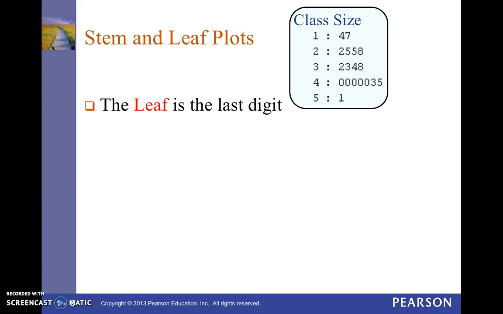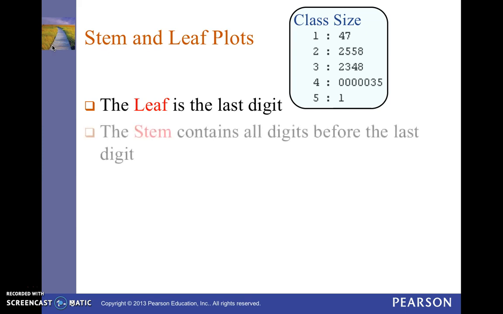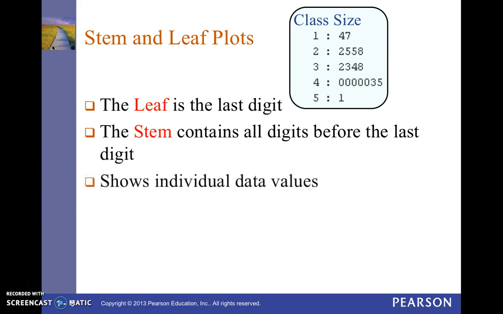So the leaf is the last digit in that number. The stem contains all the digits before the last digit. And so once again, we're getting actually richer data here because it's showing each of the individual data values. It's sort of the same as a histogram, but the bin width is in a power of 10.